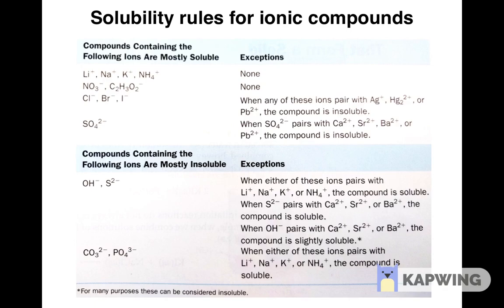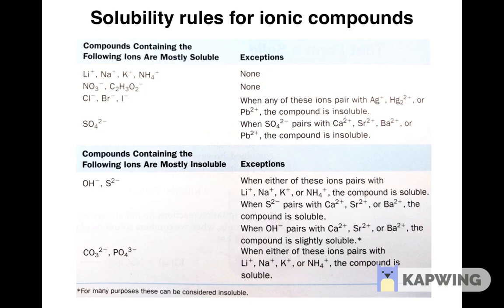Most compounds that contain halogen anions Cl-, Br-, I- are also water-soluble, except for compounds where any of these anions are paired with Ag+, Hg2 2+, or Pb2+ cations.